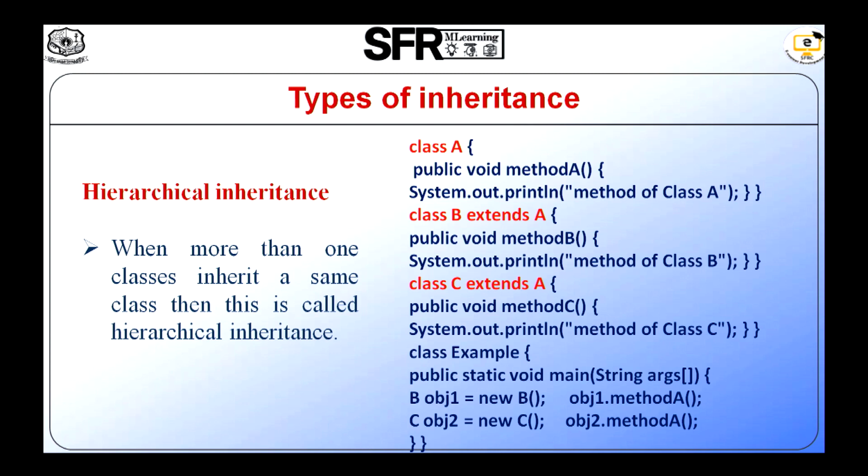Here class A is the superclass, the first child is class B that inherits class A, and another child is class C that also inherits from class A. We have three methods: method A in class A, method B in class B, and method C in class C. We can create objects for the classes and call the methods. Even if you create an object for class B or C, you can access the method in class A also, because we inherit the properties and methods from class A. So this is hierarchical inheritance.